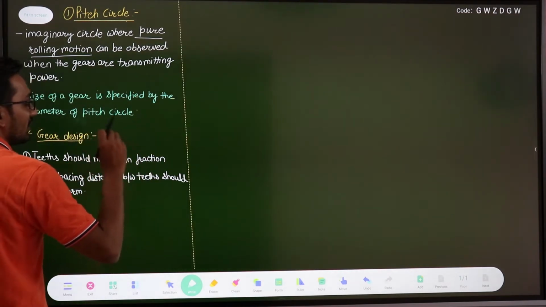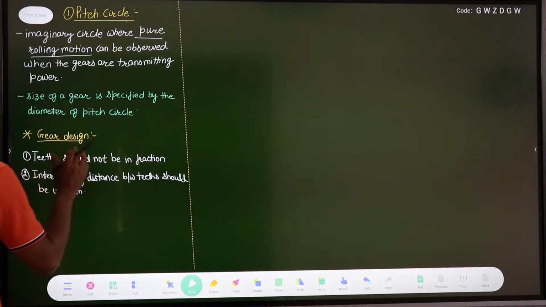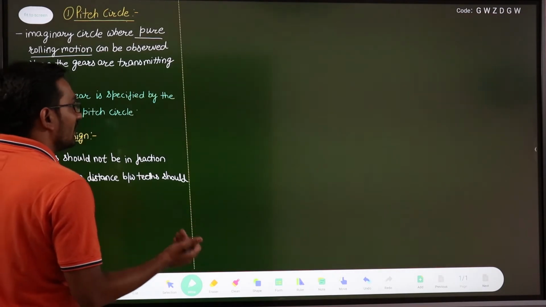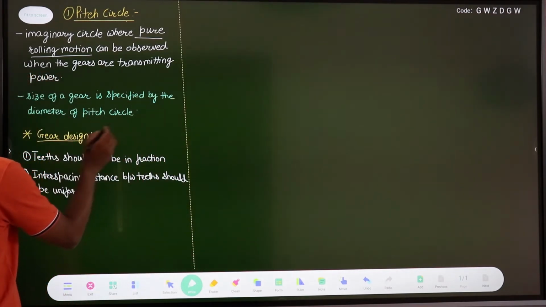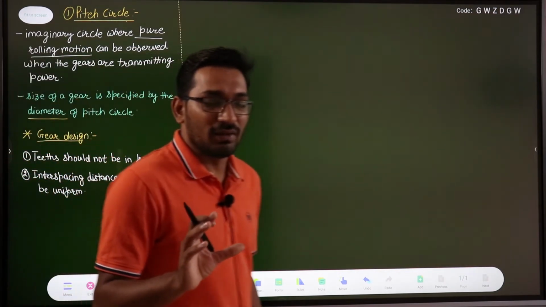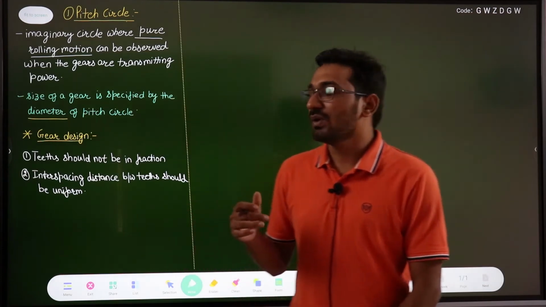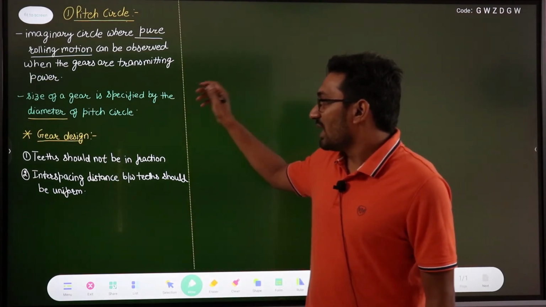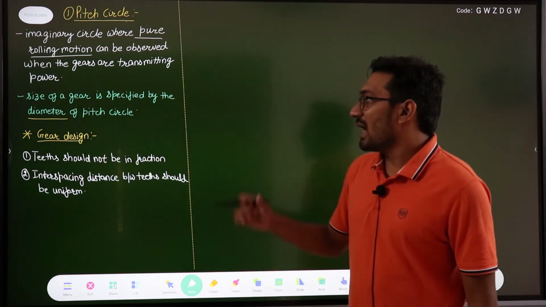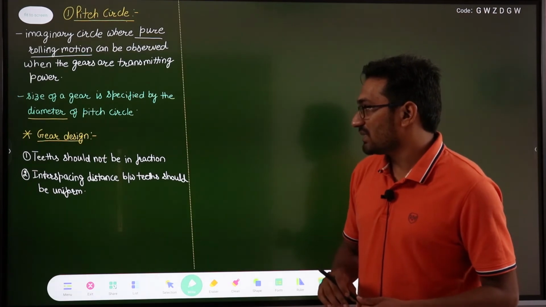And if you want to specify the size of a gear, then you have to say what the diameter of the pitch circle is. So the size of the gear is specified by the diameter of the pitch circle.